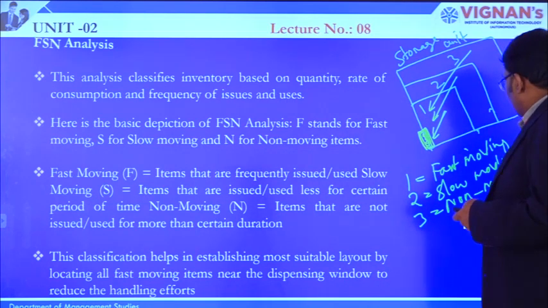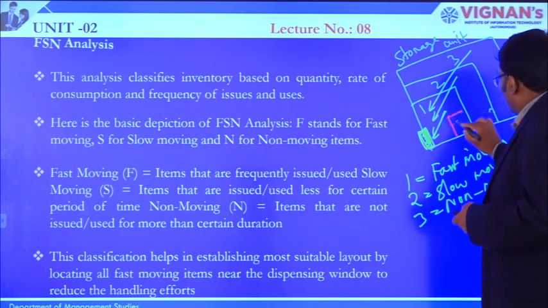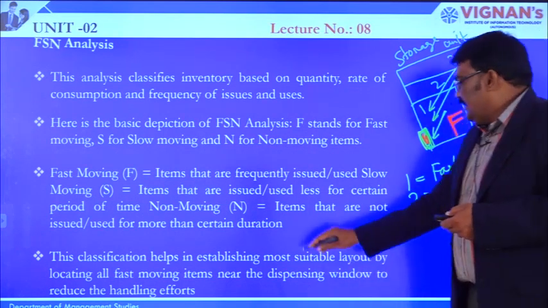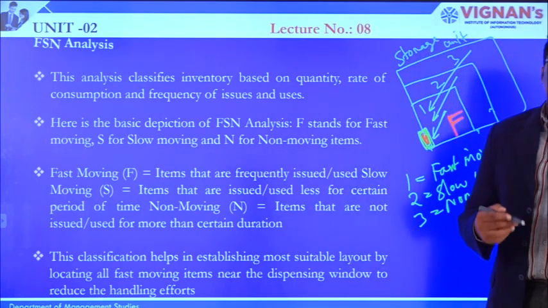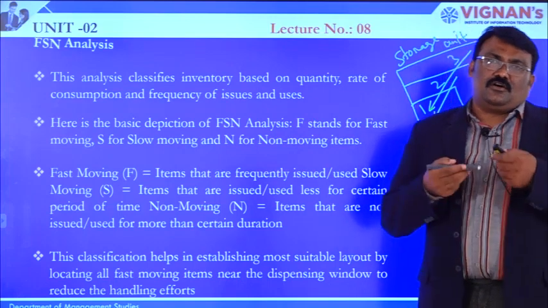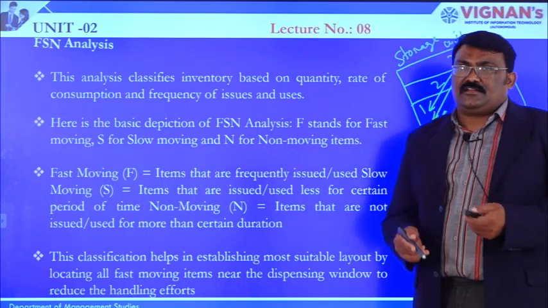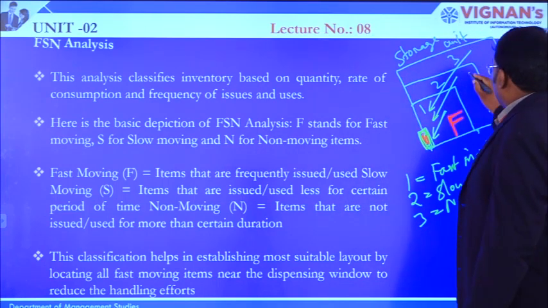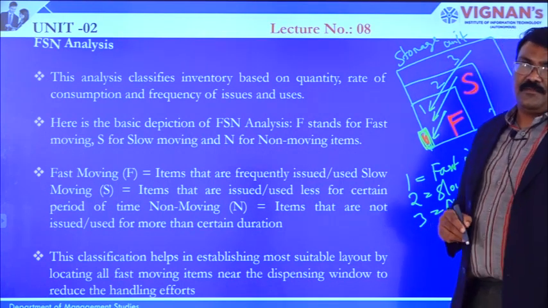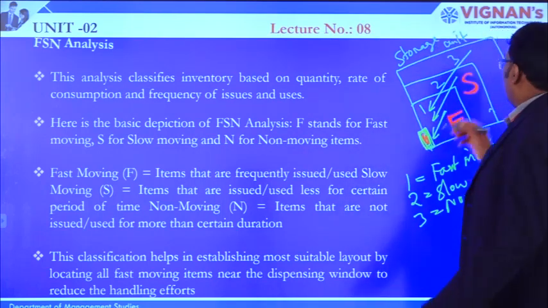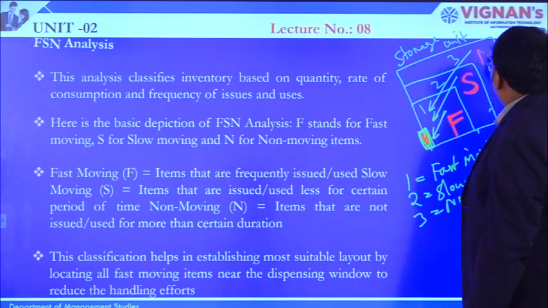I would represent in the diagram that fast moving is placed at this first level, which is very near to the door. So, near the dispensing window, where we take the raw material from the storage unit, in that process only we place the stock. The second one will be placed with slow moving and the third one with non moving.